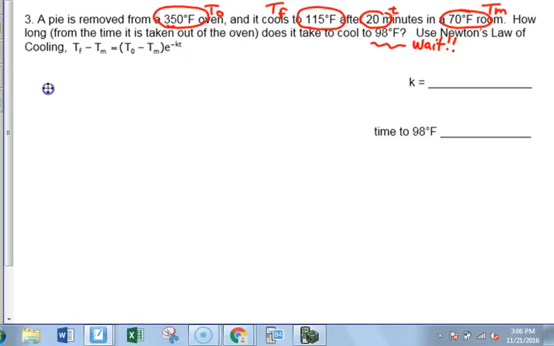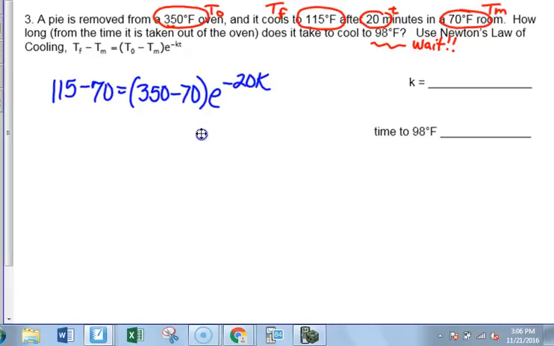Okay. So, final temperature was 115. The room was 70. Original temperature was 350. The room was 70. E to the negative K, we don't know, but T is 20, so I'm going to write 20K. Yep, negative 20K. All right, do some arithmetic. And do some algebra.